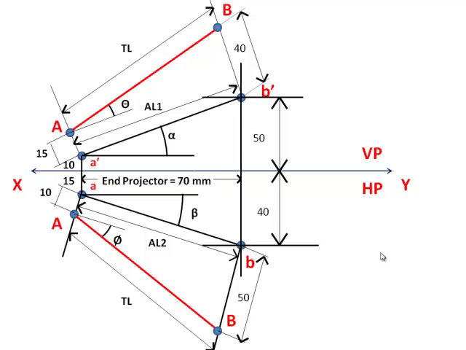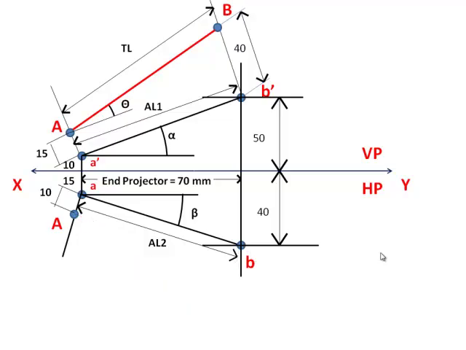Okay. So remaining things I explained to you. So any doubts how to get these points? You know how to get AB. Am I right? So that is your true length. So in the similar way, the angle made by AB is theta now.